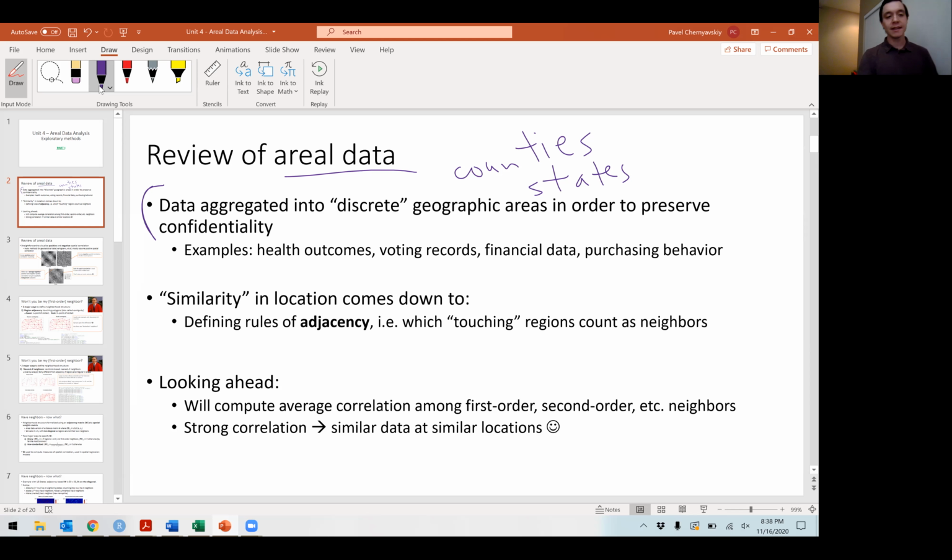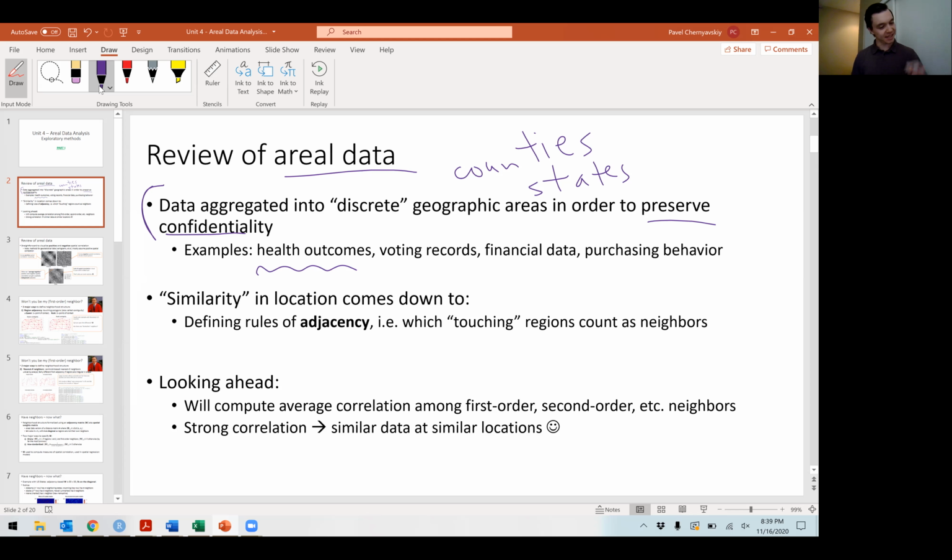So usually they're aggregated, not because it's good to analyze aggregated data. It's not, you know, we deal with things like ecological fallacy all the time, but it's to preserve confidentiality. For example, health outcomes, COVID. We'll be dealing with infectious diseases of different kinds.